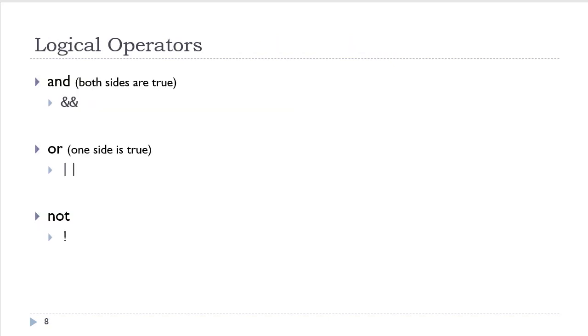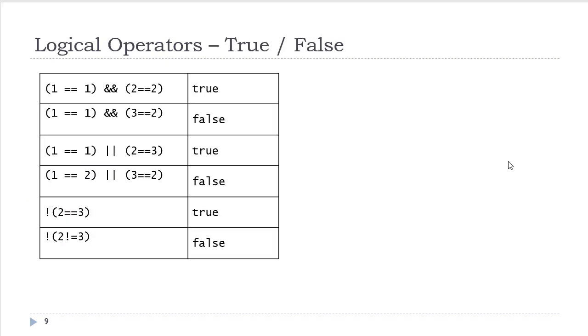We have three logical operators: and, or, and not. And means both sides of the condition are true, or means one or the other is true. Not means it is not true. Again, the logical operators will evaluate an expression and return true or false.